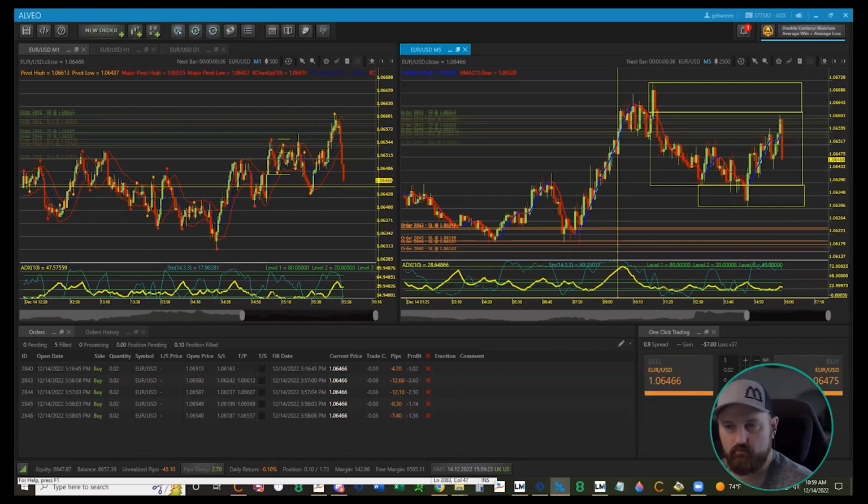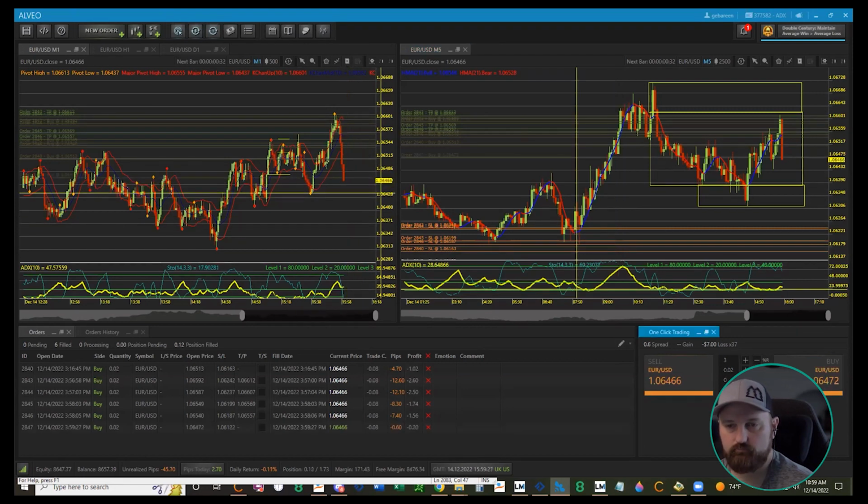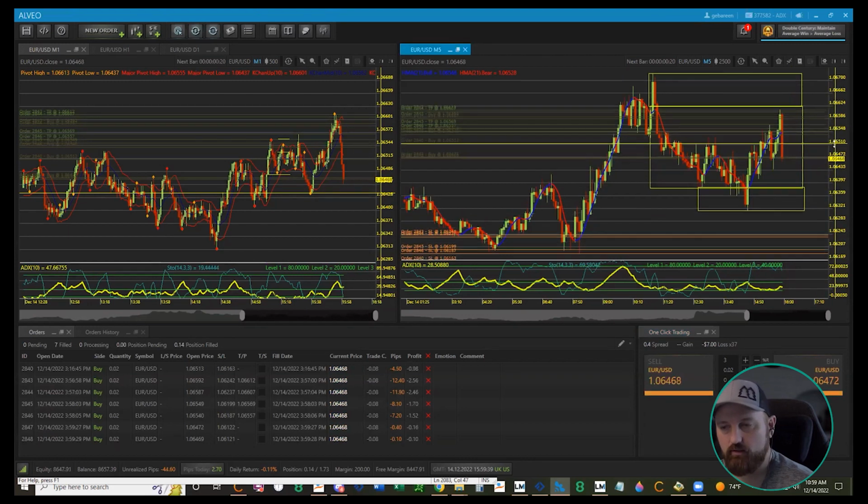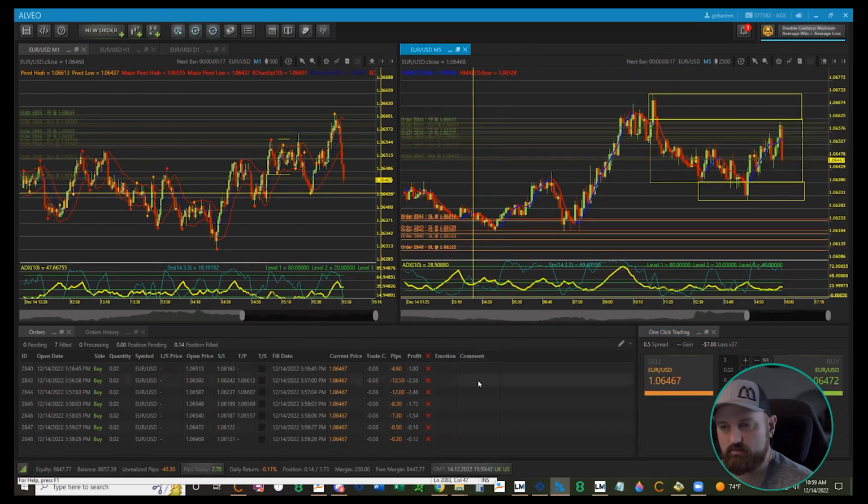Right where? Sorry, where's your mouse? Where we are now. Yeah, exactly. This is a pretty big candle, so I'm not taking this with aggression. I'm not smacking the crap out of it, because it's just slowly moving.